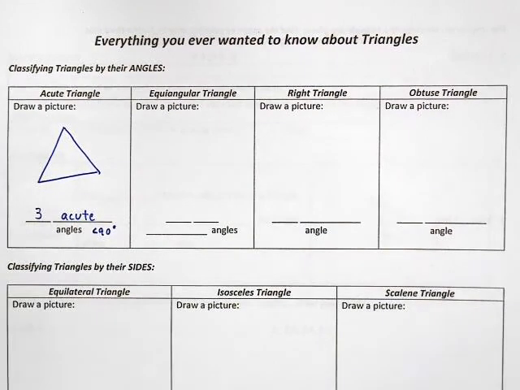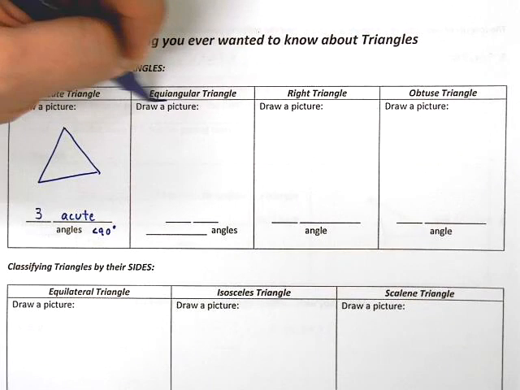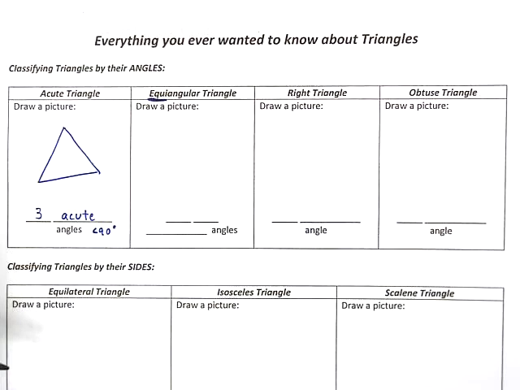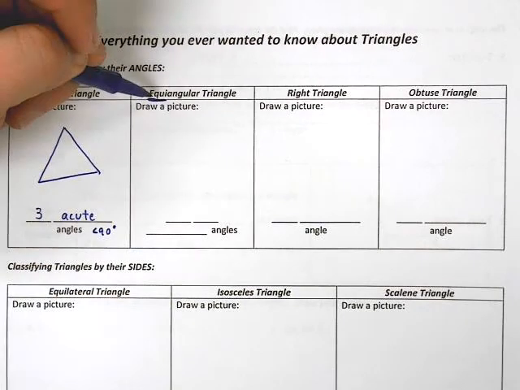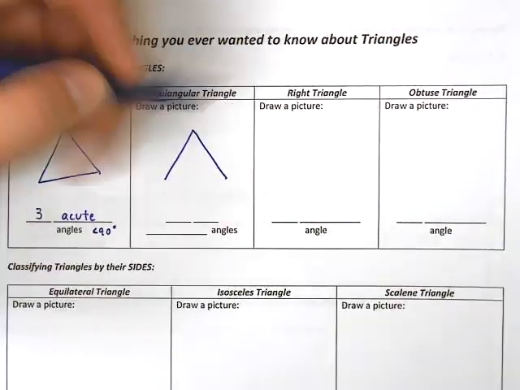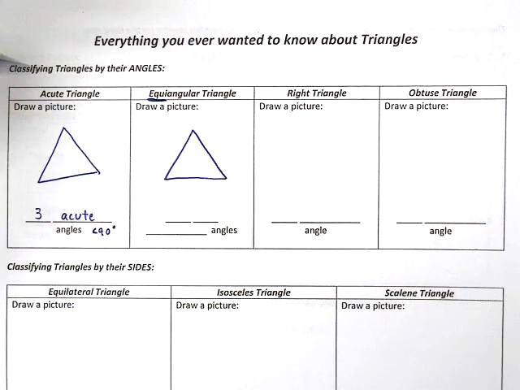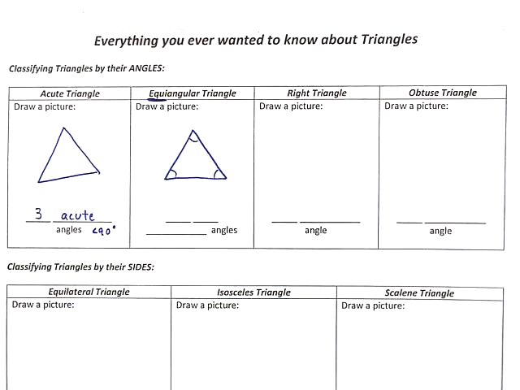Now an equiangular triangle, keyword, the equi, that means equal, alright? So when we do this, we need to have three equal angles. So I'm going to try and draw this a little better, something like this. Now because they're equal angles, I know for a fact that I can do some of that.